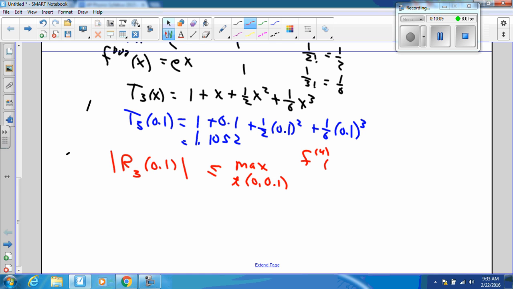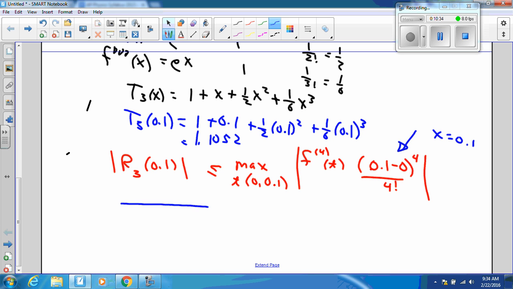of the fourth derivative of t, times the constant factor (0.1 minus 0) over 4 factorial. So notice that these two factors right here depend only upon the point of evaluation, there at x equals 0.1.